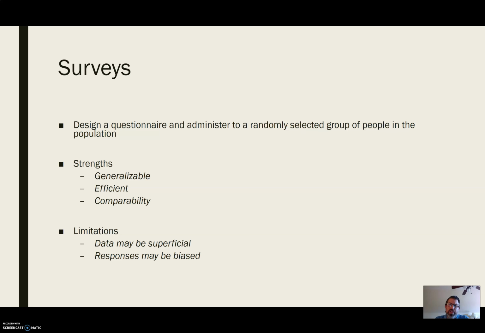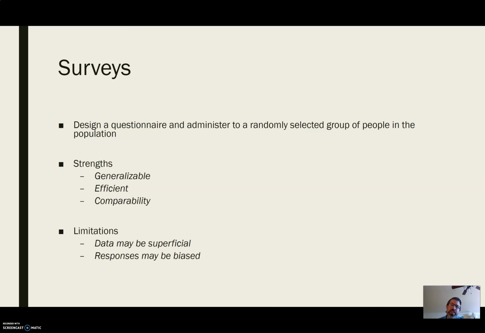Now, in some cases, you might end up with relatively superficial data. You can't ask those really in-depth questions like, what was your experience like growing up in poverty? What was your day-to-day life like living in poverty as a child? And so in that way, you don't get as rich a set of data as you might with other methods we'll talk about in a minute. And sometimes respondents don't give you the correct answer.